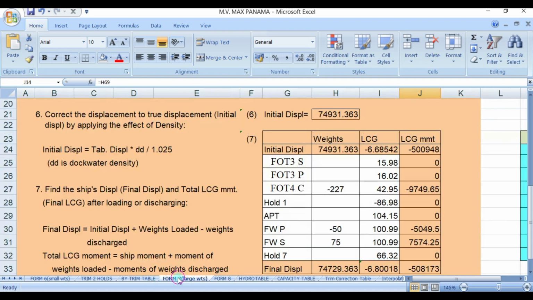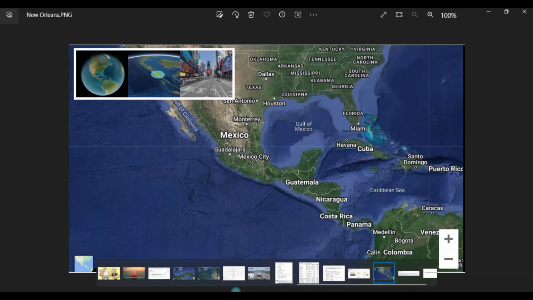Since we are going from Baton Rouge to Panama, we had a total consumption of fuel oil of 227 metric tons, a production of 75 tons of freshwater, and a consumption of freshwater of 50 tons.